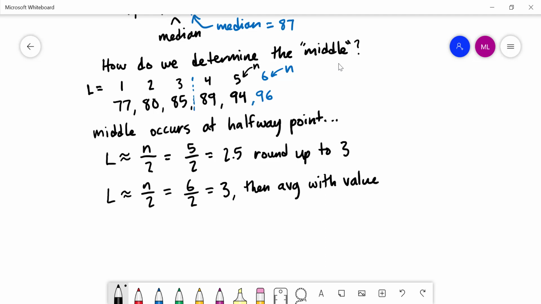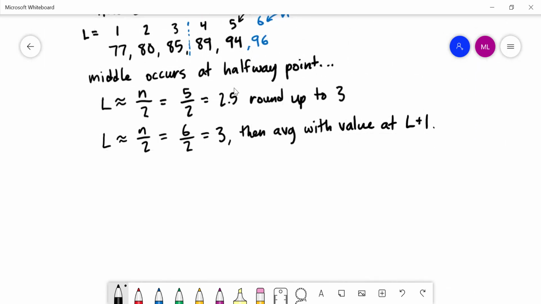If we called this first one L, the next position will be L plus 1. So position 3 is the value of L that we just found, and position 4 would be L plus 1. I want to find the average of the two values associated with 3 and 4, so the 85 and the 89. And that's how we would get our middle value in this case.